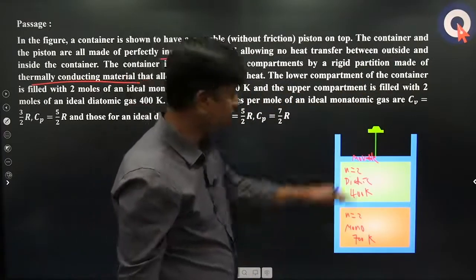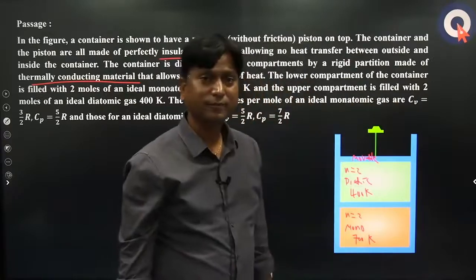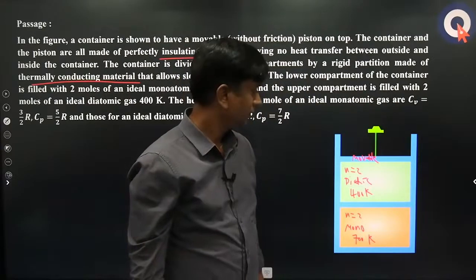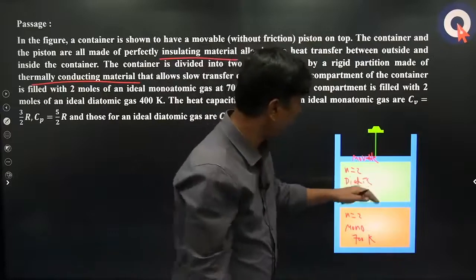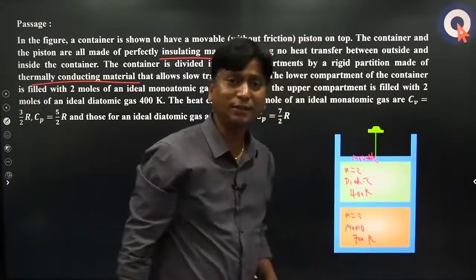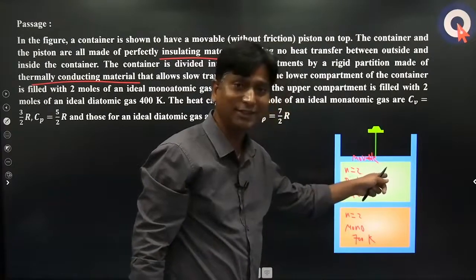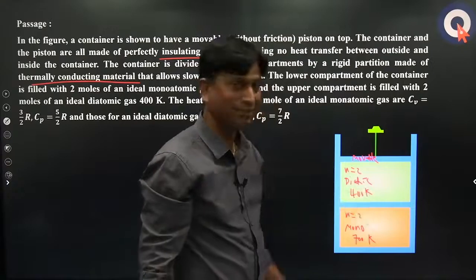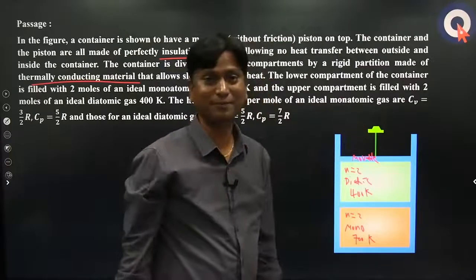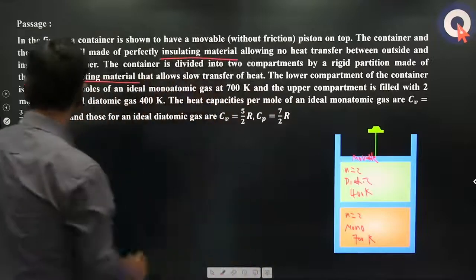So this is gaining the heat and the piston is also lifting up. But finally no heat is transferred to the outside, that's for sure. It is giving the energy, it is taking the energy, and also it is doing the work, because it is pushing the piston. So let us see those questions.